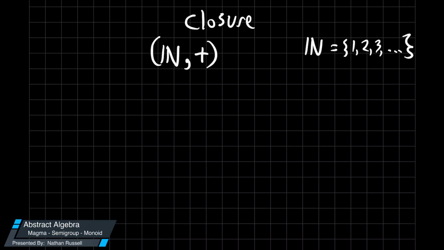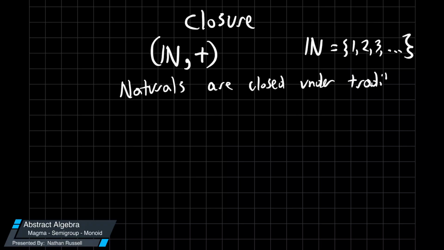Okay, now when we have the set of natural numbers, notice that if you pick a natural number and you pick another natural number and you add them together, you always get another natural number. So what this means is the natural numbers, I'll abbreviate that, called the naturals, are closed under traditional addition.